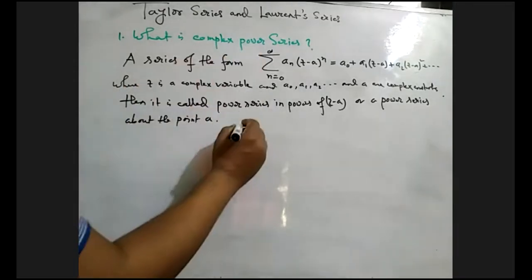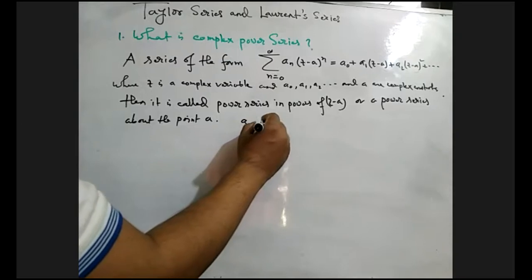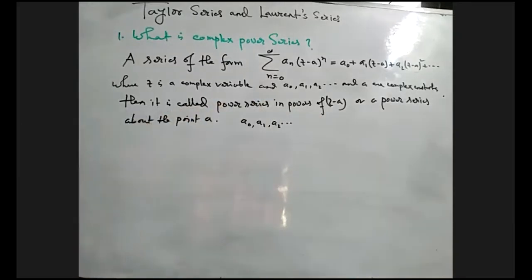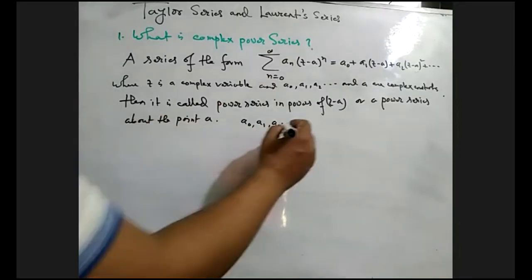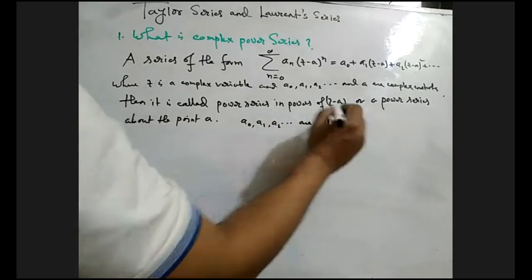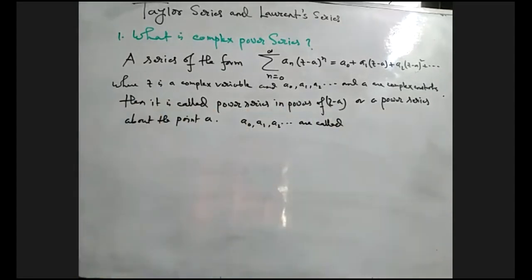Here all the complex constants a naught, a1, a2, dot dot are called the coefficients of the series.